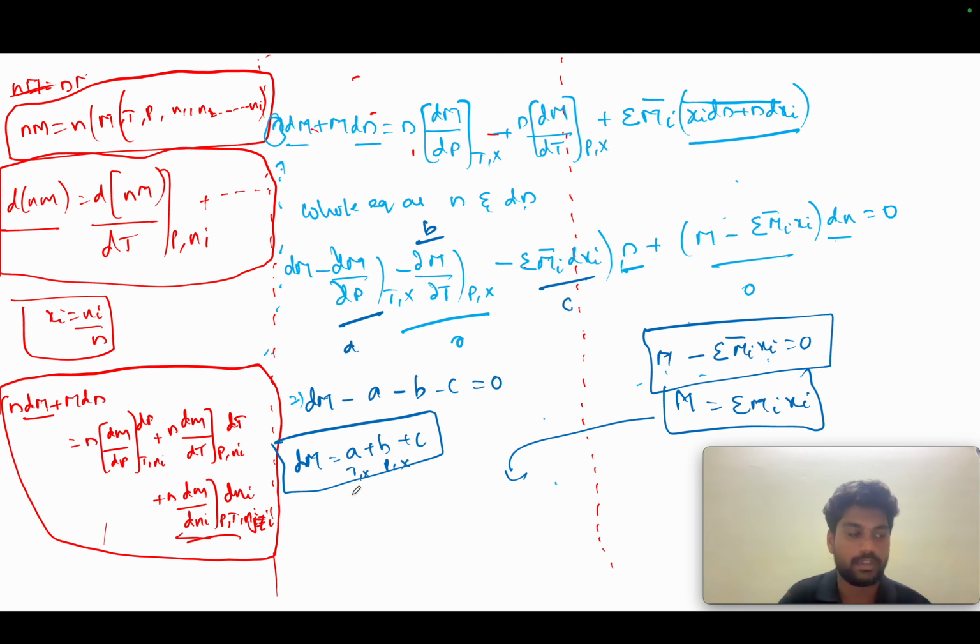Now we know that m is sigma of xi into mi bar. So now I will multiply by n. So it will be nm equal to sigma ni mi bar.